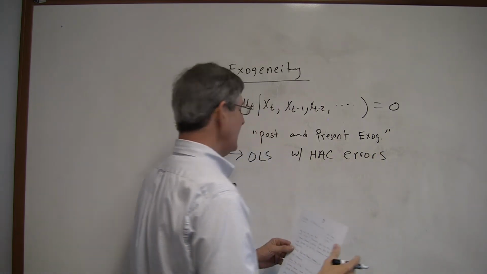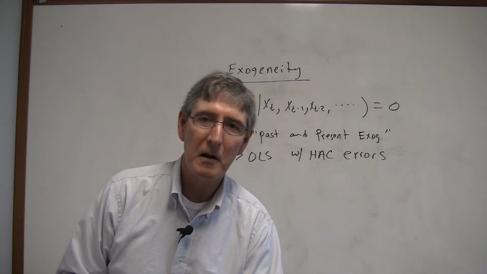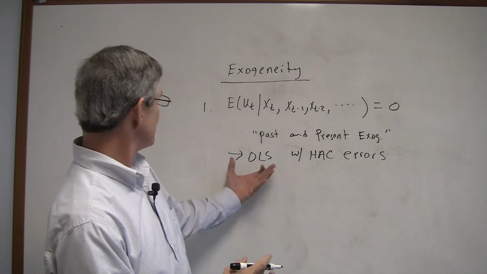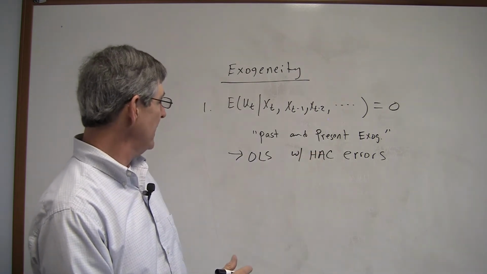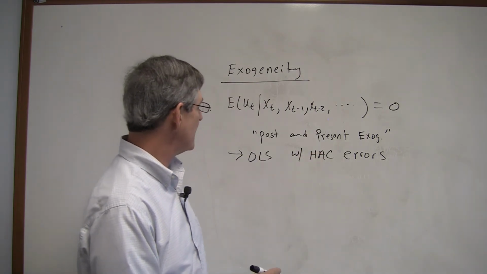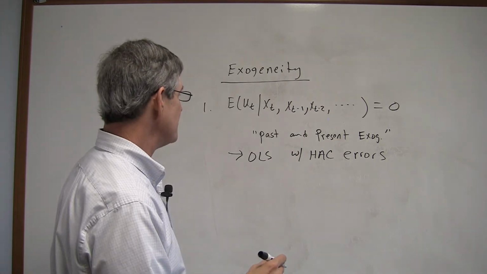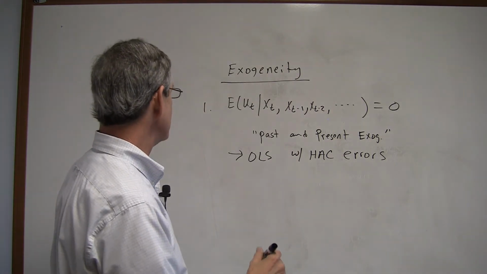If you can argue you have no serial correlation or heteroscedasticity, just use OLS. But generally here, you'll want to use the HAC errors to correct for any potential problems with autocorrelation.